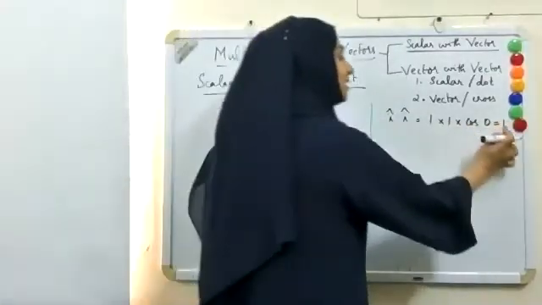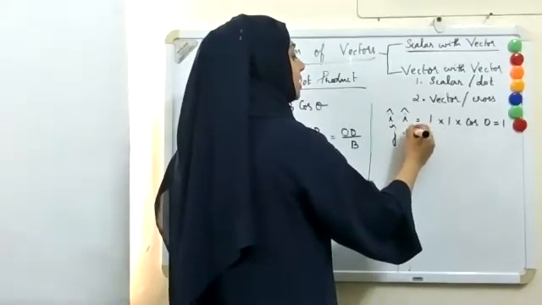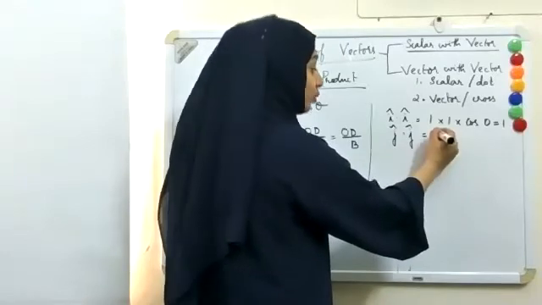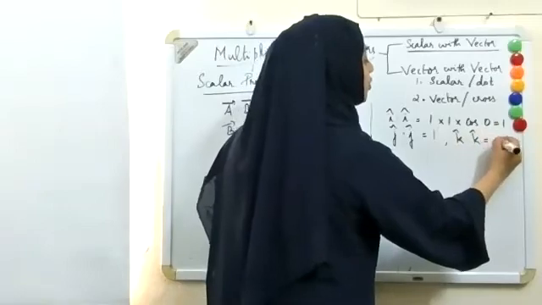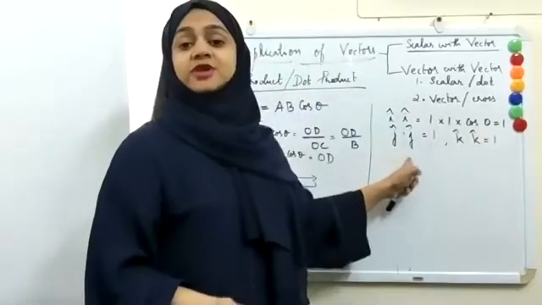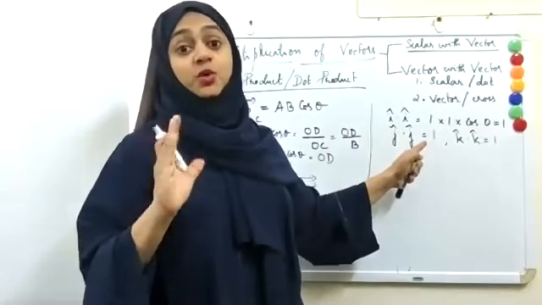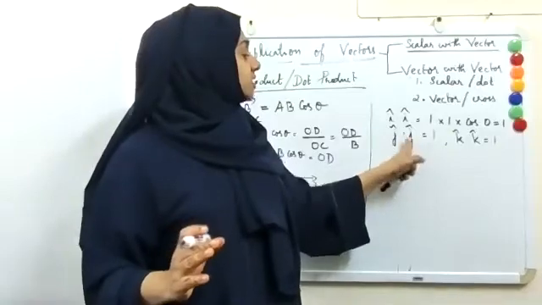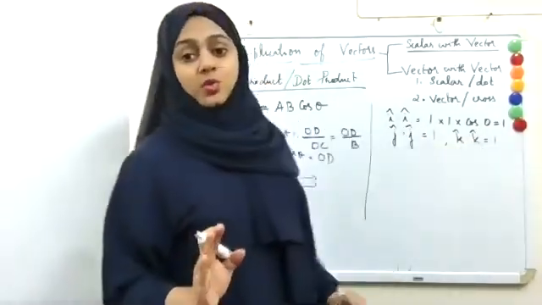So I dot I is equal to 1. Similarly, J dot J is equal to what? 1. K dot K is also equal to 1 because they have the magnitudes 1 and the angle between them is 0. Cos 0 is 1. So I dot I, J dot J, K dot K all equal 1.